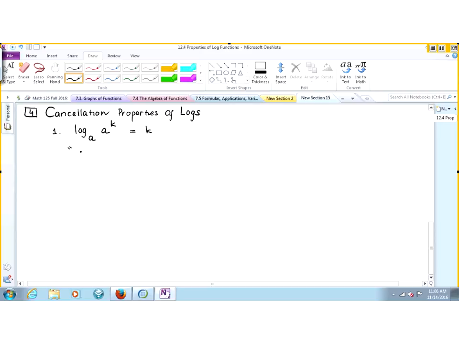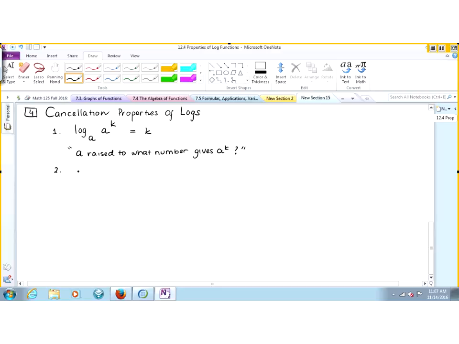If you change this to a question, you're asked: a raised to what number gives a to the k? What is the answer? K, yes. So this is called the cancellation property. Log base a of a to the k is k.